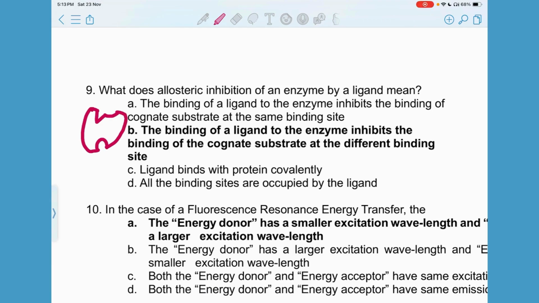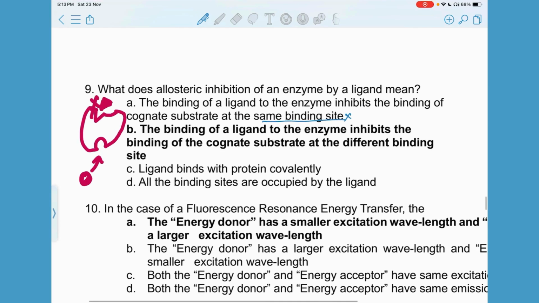So if an inhibitor binds here, it will affect the enzyme so that it does not bind here. So the first option is saying the same binding site, which is false. The second option says the binding of a ligand to the enzyme inhibits the binding of the cognate substrate at a different binding site, which is true.